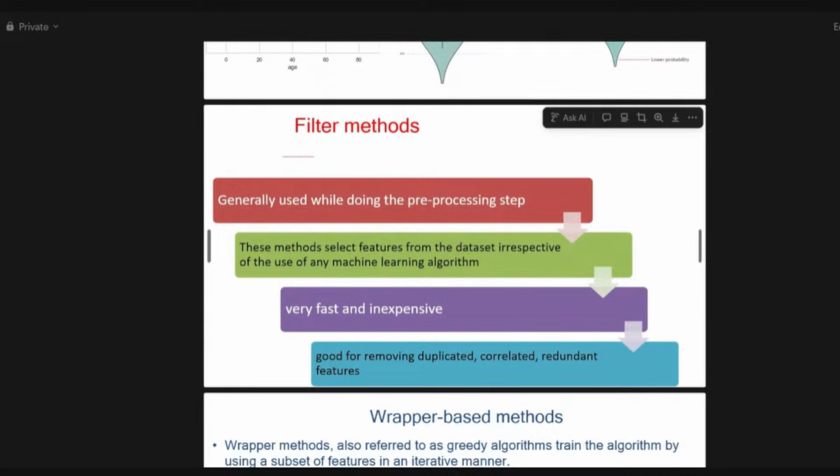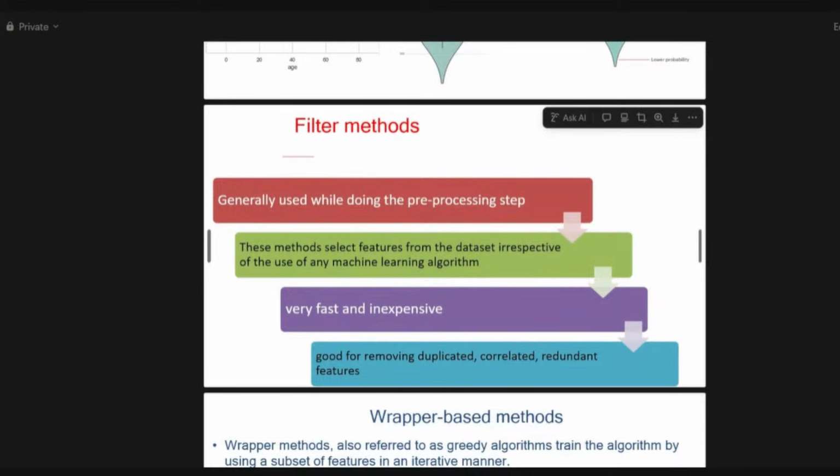Common techniques are your correlation coefficient, chi-square test, mutual information, variance threshold. Characteristics involve that it's really fast, it's scalable, and it's model agnostic. But the thing is, it ignores feature interactions. It does not consider model performance, and that is your biggest disadvantage.